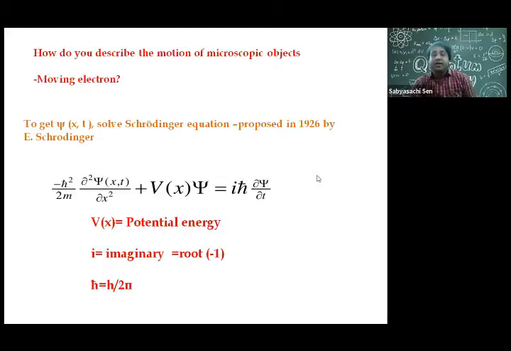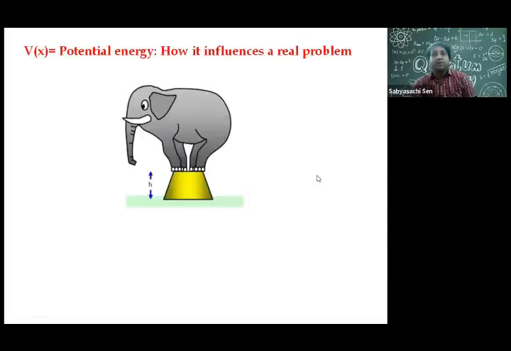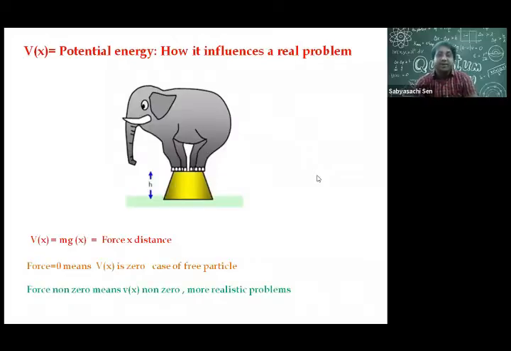If no force acts on the body, then my V will be equal to zero. Look at the elephant, it's beautiful. Just see the elephant. This is just to remind you of this very interesting issue of how potential energy depends on force; potential energy is the product of force and distance. If it is a case of a free body or free particle, potential energy will become 0.